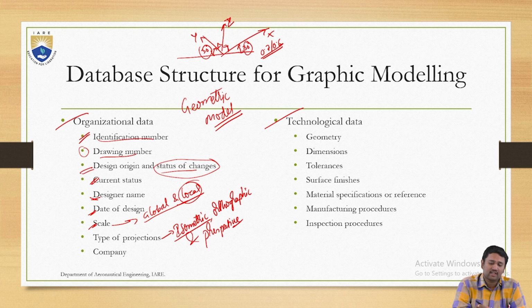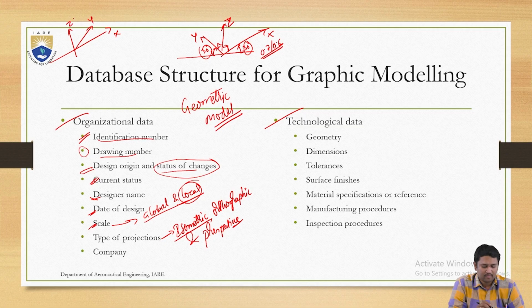Whereas for your orthographic, similar to your Cartesian system, any object that is placed under the first angle or third angle, or first quadrant or third quadrant, will give you separate types of projections, separate types of views and positioning.